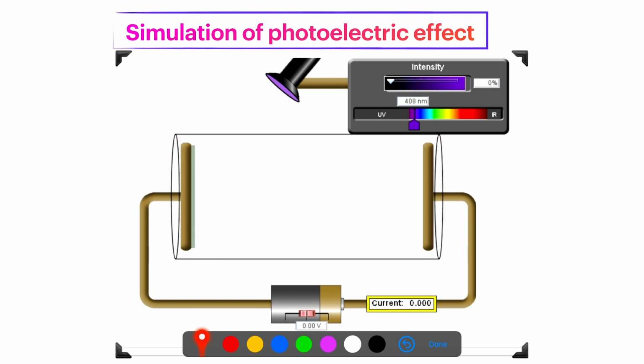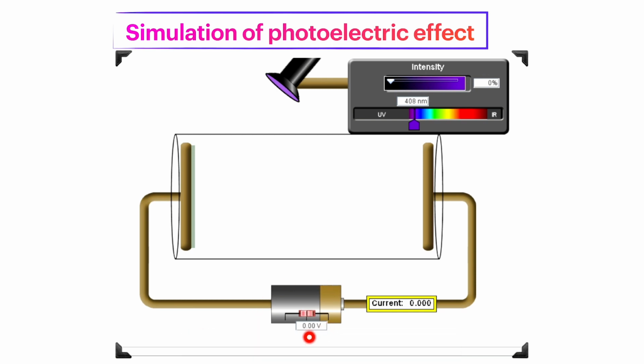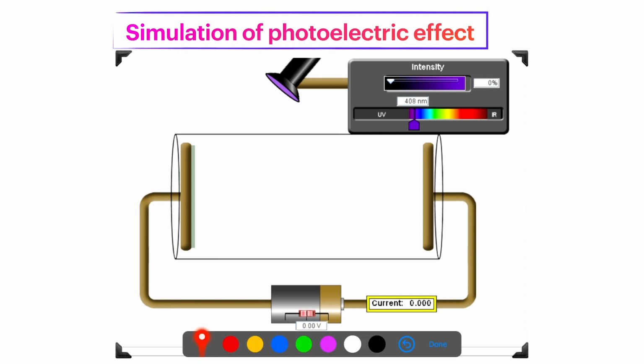Here is the evacuated glass tube and an emitter plate which is connected to a wire. In front of this emitter plate there is one more plate, which is the collector plate. Both are connected by wire with a battery, and initially the potential provided by the battery is at 0.